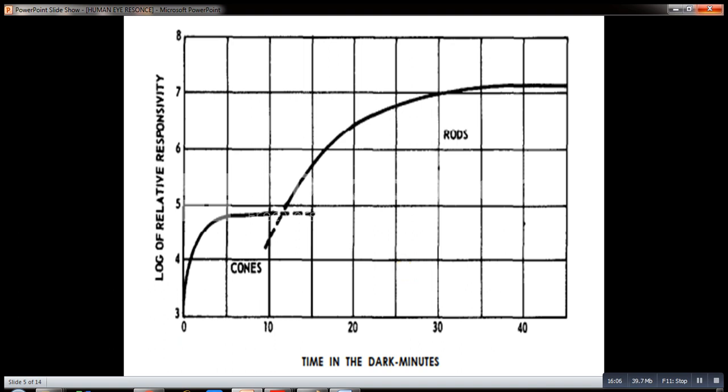Thus, adaptation is much faster under photopic vision. It can occur in 5 minutes for photopic vision, but it can take 30 or 45 minutes to transition from photopic to scotopic.